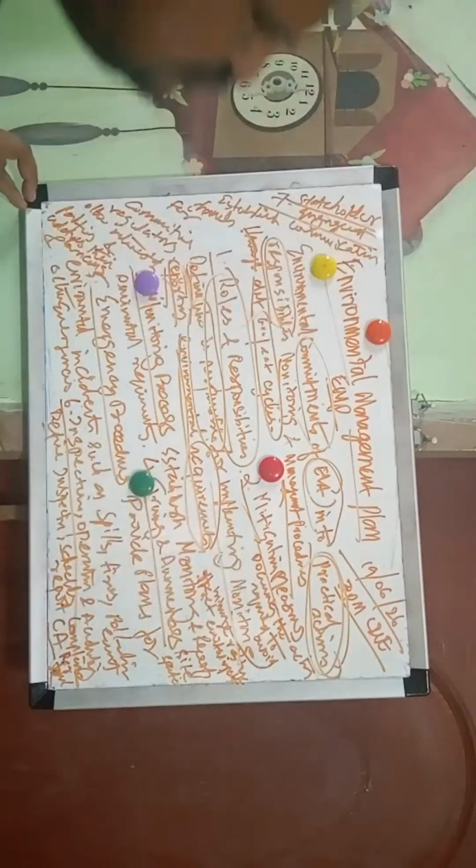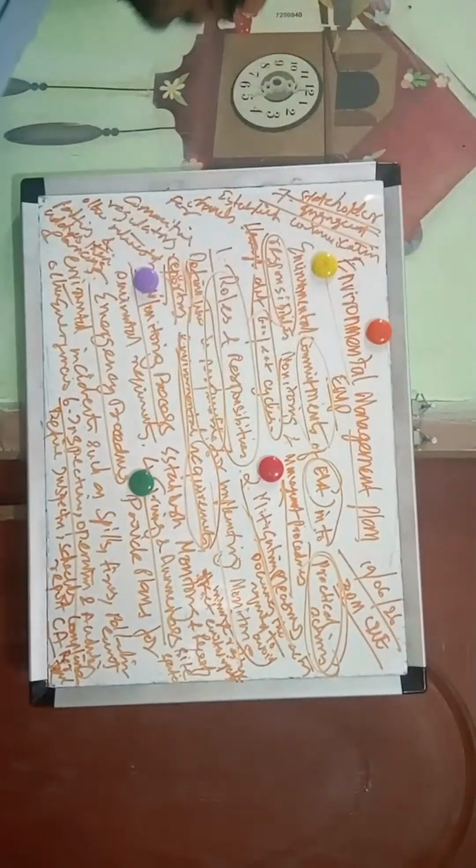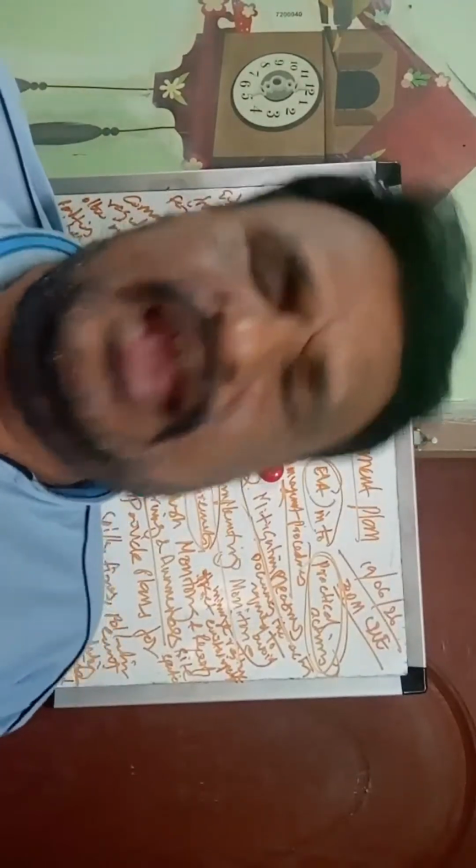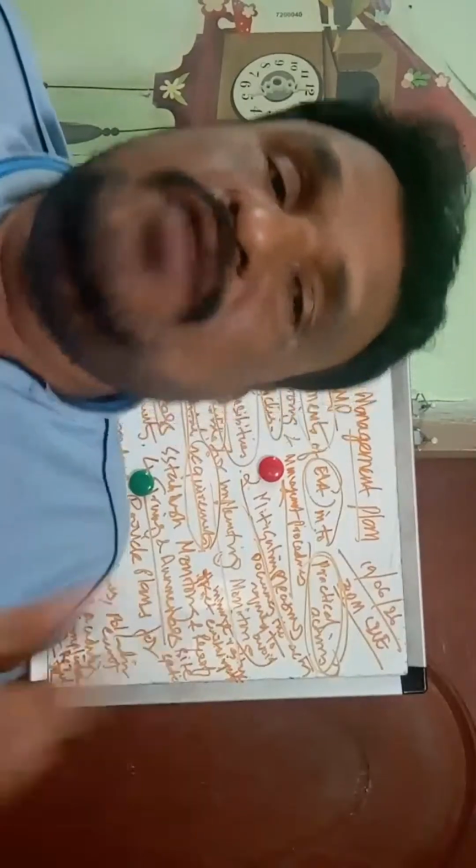Then the second one, the mitigation measures. Mitigation measures means, in the EIA itself, it is mentioned what the environmental significant impacts are. To prevent those environmental impacts, what will be the mitigation measures?